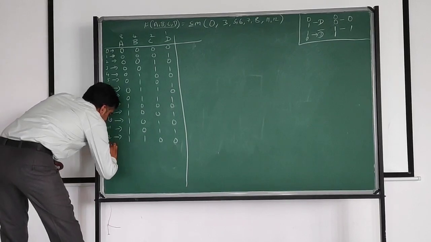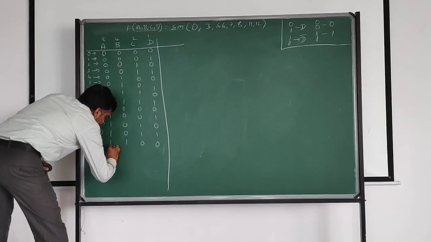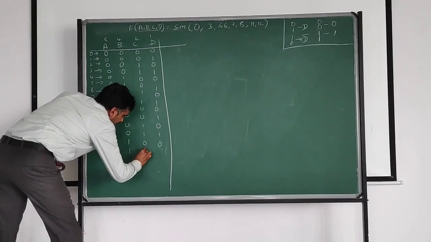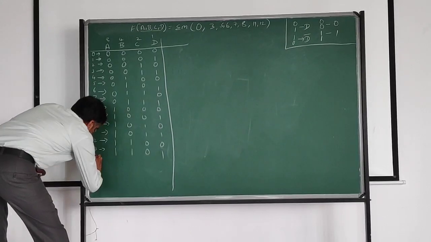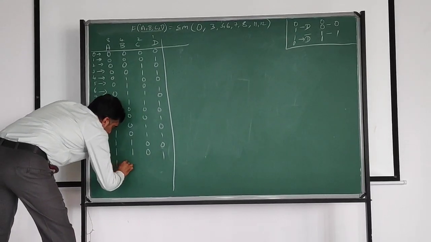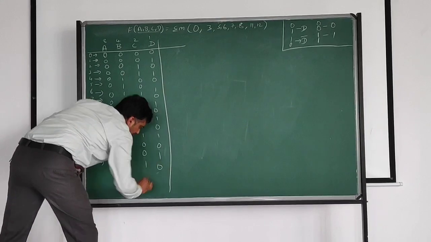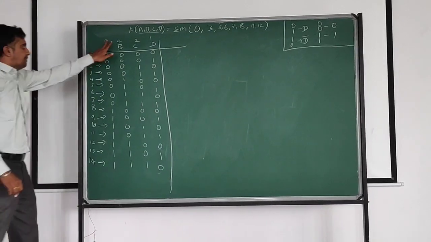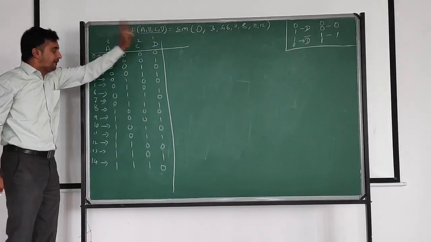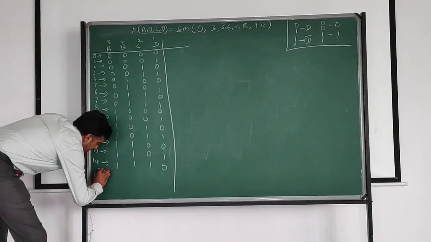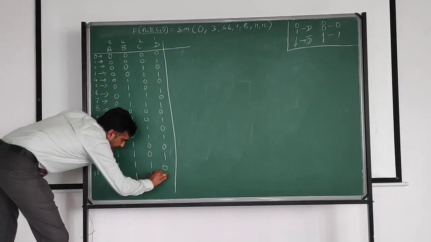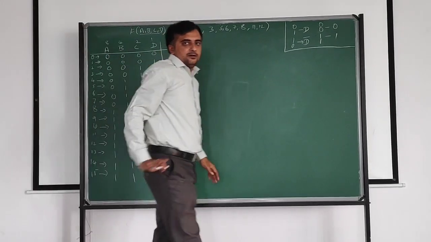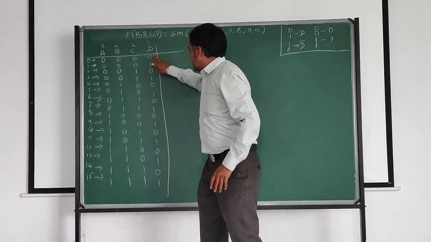Next, 13: 1, 1, 0, 1. Finally, 14: 1, 1, 1, 0. And lastly, all should be 1: 8 plus 4 plus 2 plus 1, that is 15. So totally all the inputs are there. This is the first input, and it indicates 0 to 15.